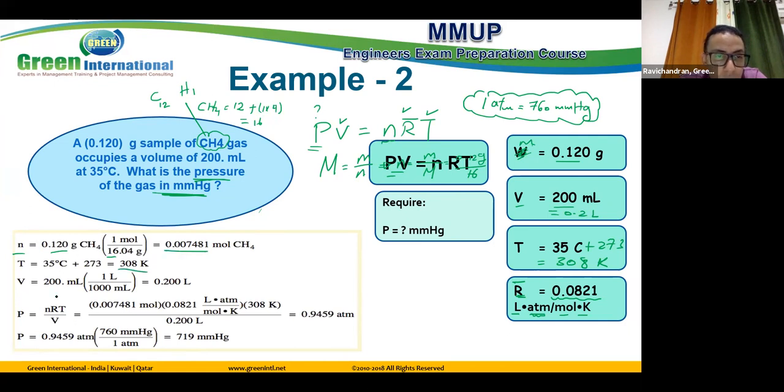Temperature, we changed it. Volume, we changed it to be standard. So we can get pressure directly from this equation, P equals nR bar T over volume. You get at the end the value in atmosphere. How to change it from atmosphere to millimeter mercury? Just like cross multiplication. 1 atmosphere, 760 millimeter mercury.